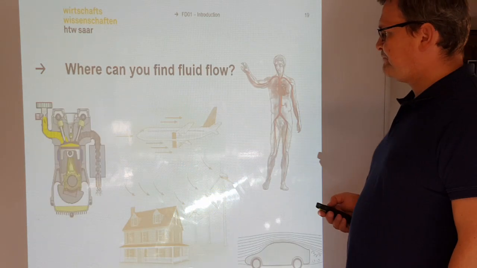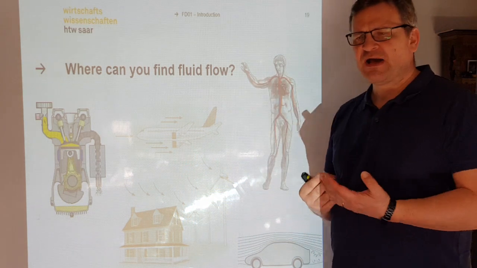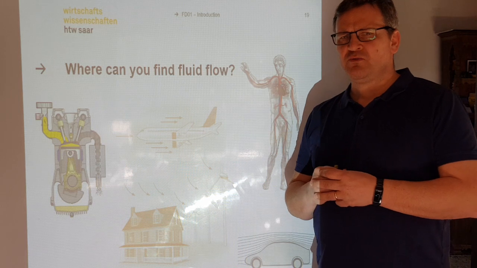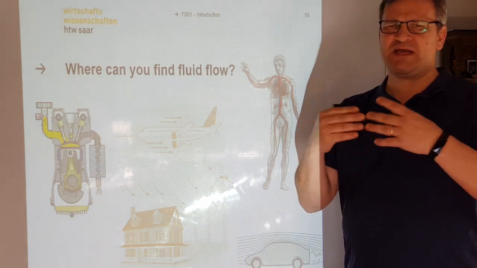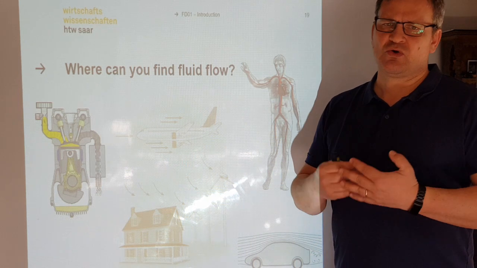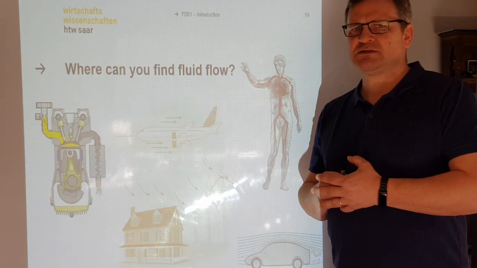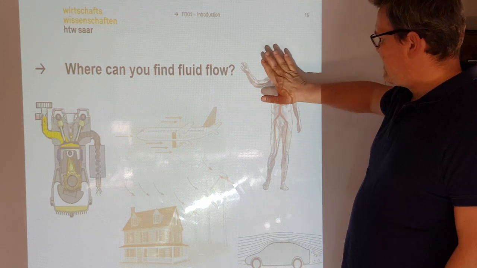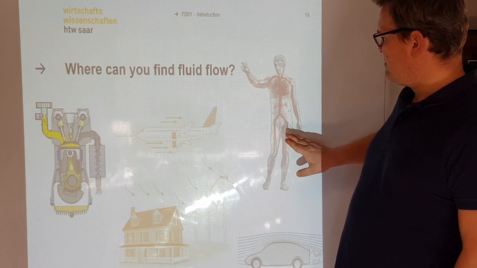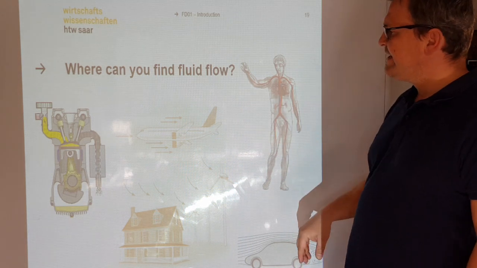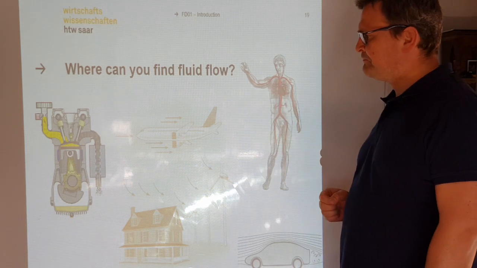Okay. Where can we find fluids? Where can we find fluid flow? We find fluid flow in many applications, not only in technology, but also in other subjects of science. For example, in medicine, the flow of blood through the veins or through the heart or the lung is fluid dynamics.